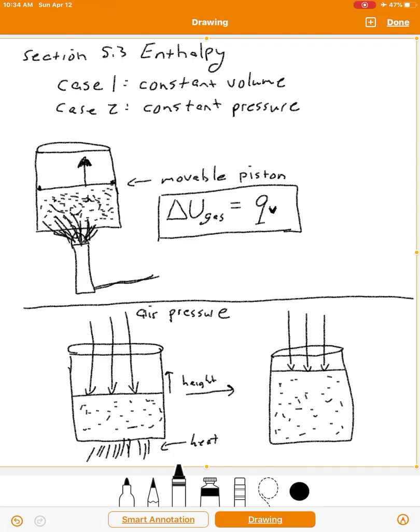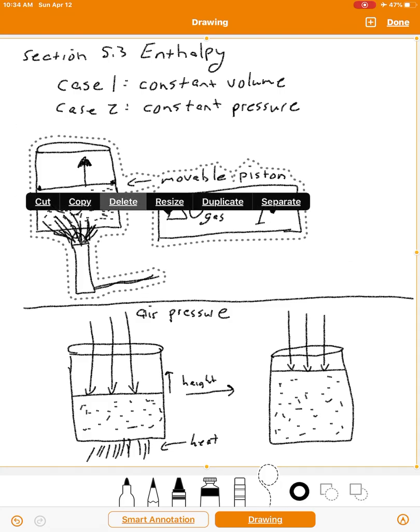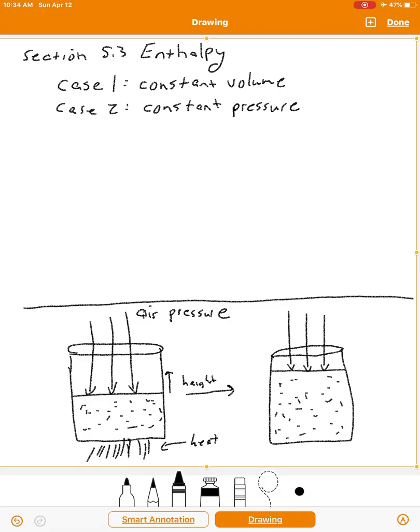Now I'm going to define something for this case called enthalpy. And I'm going to define enthalpy. The word is spelled E-N-T-H-A-L-P-Y. The word enthalpy, the symbol for that is an H. Okay?